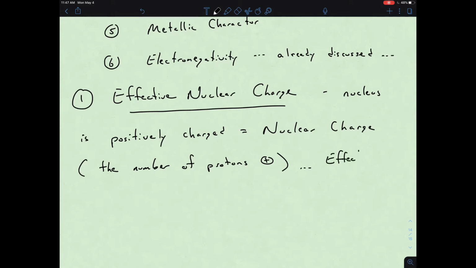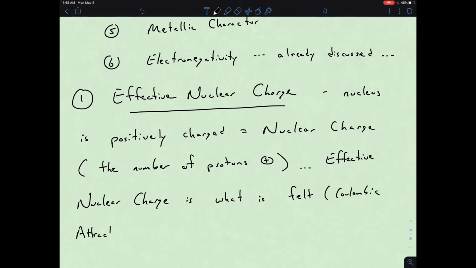Effective nuclear charge is basically what is felt, or this Coulombic attraction, by the valence electrons.